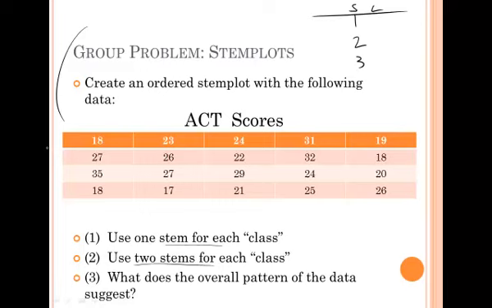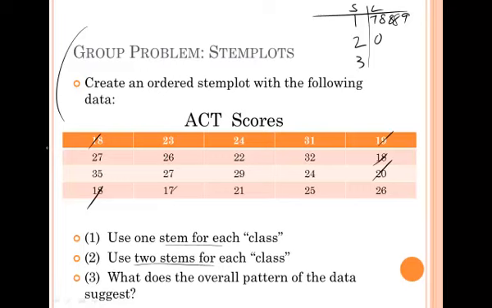So 17 we said was the lowest one. Okay, so 7, 8, 8, 9. Did I miss any? Okay, so 20 would be a 2 and a 0. Oop, I missed an 18, didn't I? Okay.